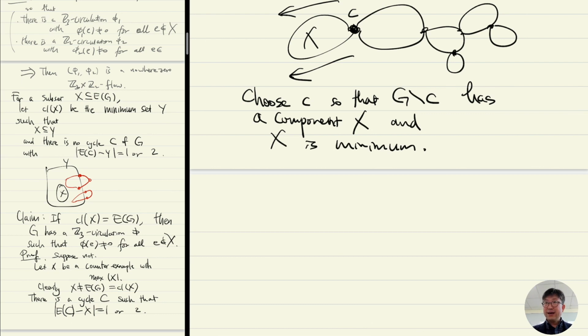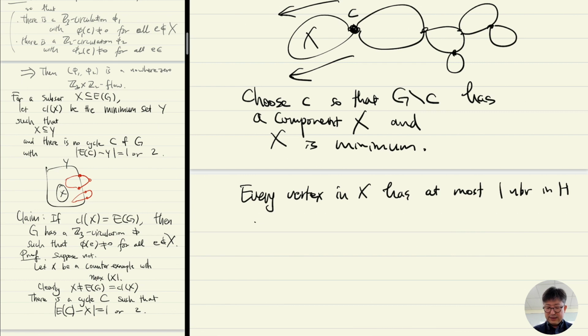Then now what can I say? Every vertex in X has at most one neighbor in H, which means each of them has degree 2. I mean at least 2.